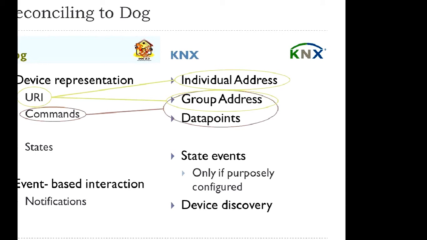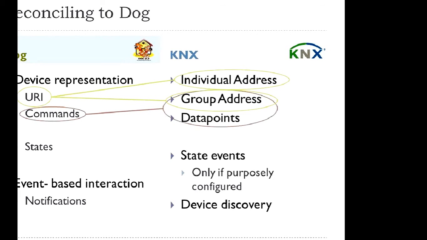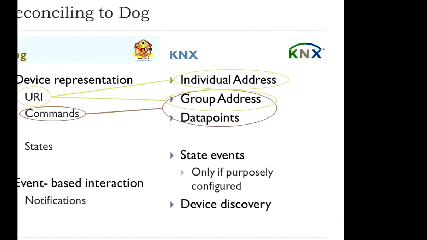Then the commands are represented by a couple of group address and specific data point. So if I want to send an on command, I need to have the group address to which to send the command, and I need to know that the data point is a DPT switch, for example, which is the data point for switching things.